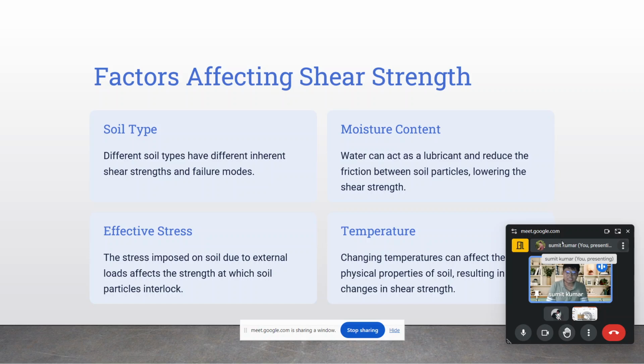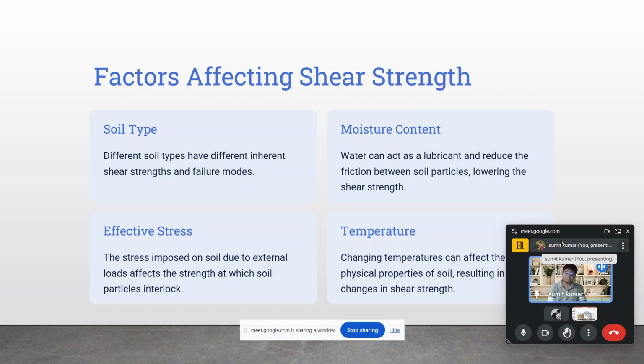Here you see the stress is imposed on the soil due to external load effects, and the strength at which the soil particles interlock. When we talk about effective stress, total stress and pore water pressure, we say sigma dash, the effective stress, is equal to sigma, the total stress, minus pore water pressure.